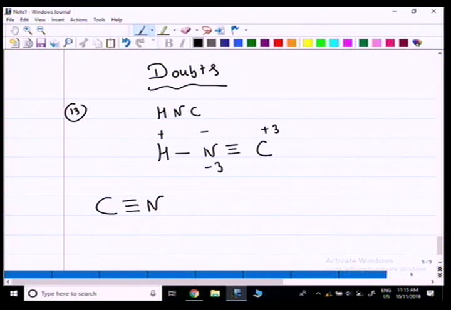Can anyone please confirm it? Hey guys, do you know the structure of CN?